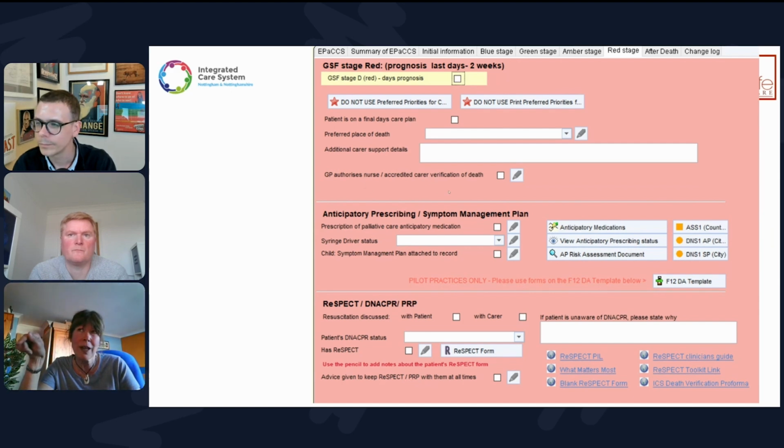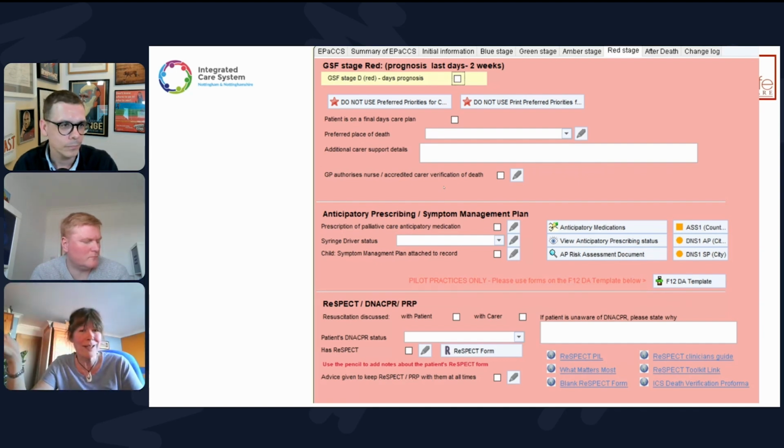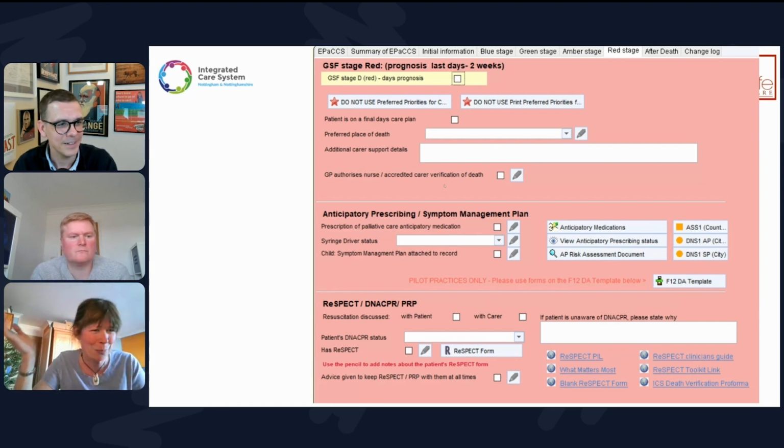The importance of this is saving coroner referrals and saving delays when someone dies, because a lot of carers, particularly those who have undergone training, are able to verify death. And if we complete this and the carers know that we've authorized this, it saves that phone call in the middle of the surgery to say, can you come out and see this patient, please, doc?